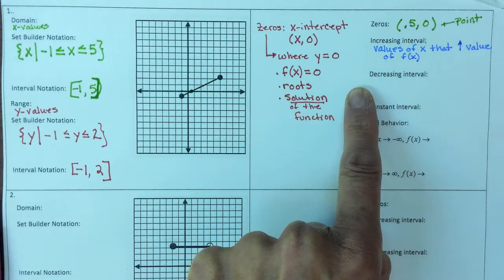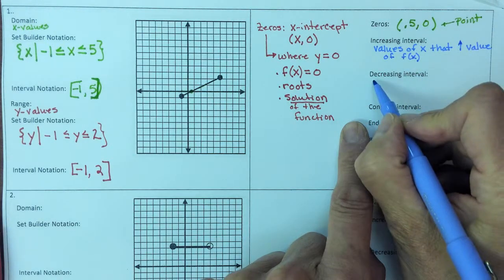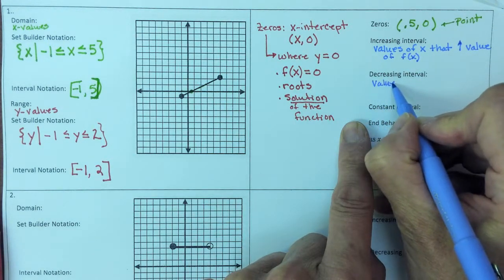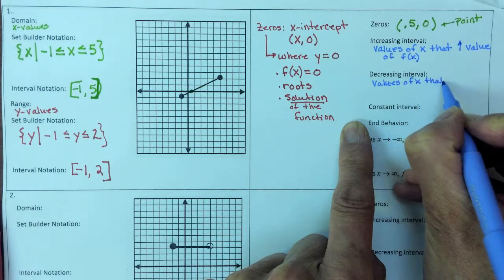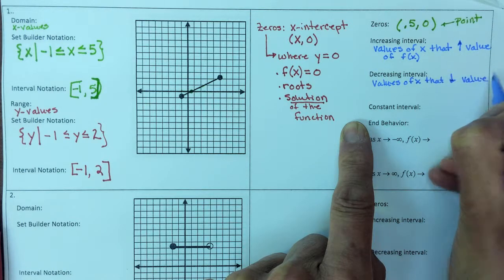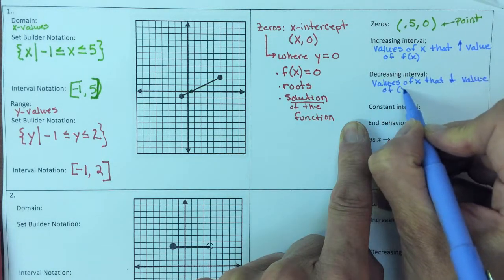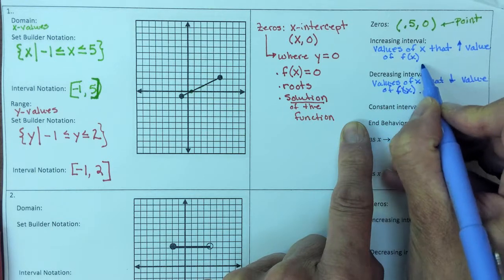A decreasing interval is values of x that decrease the value of my function. Sorry, this is f of x, which is the same thing as y.